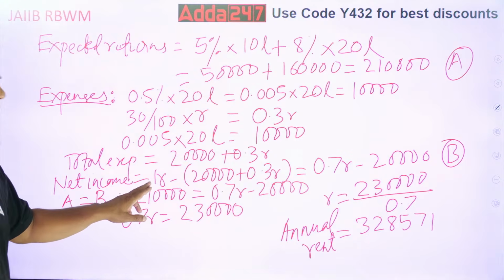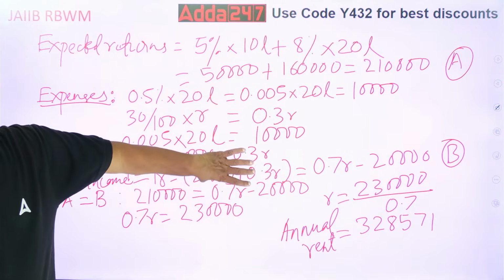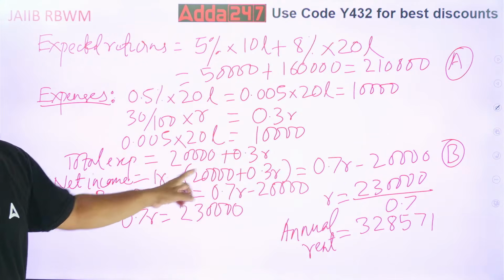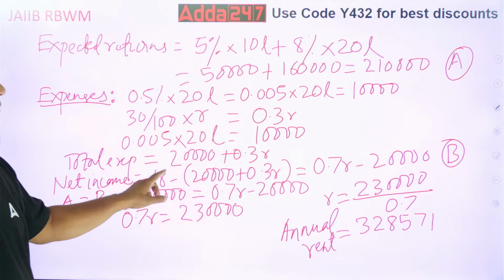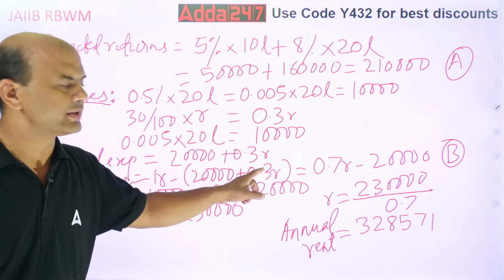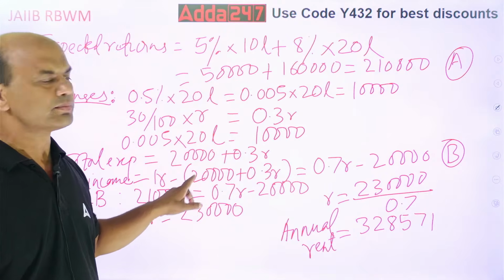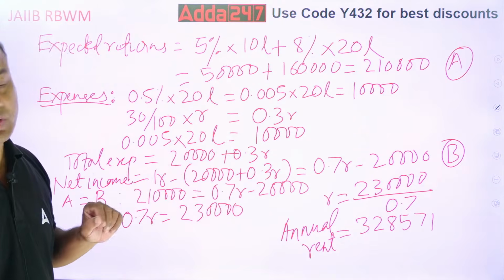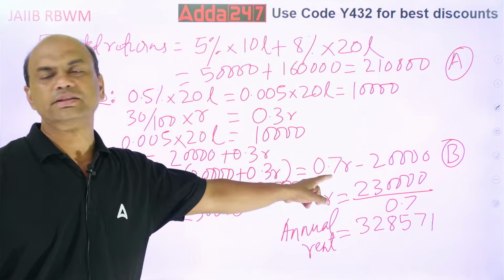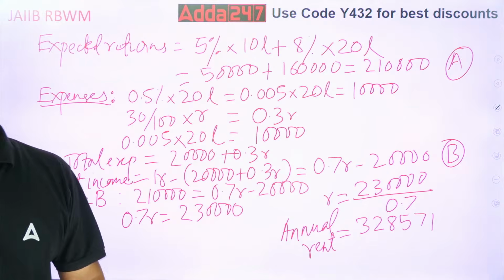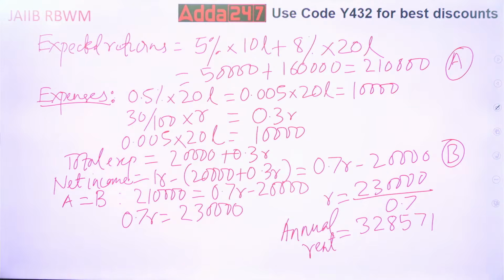So 1R minus this full bracket. Now solve this bracket: 1R minus 20,000 minus 0.3R. That is 1 minus 0.3, which is 0.7. So this is how you got 0.7R. Got it? Clear everyone?